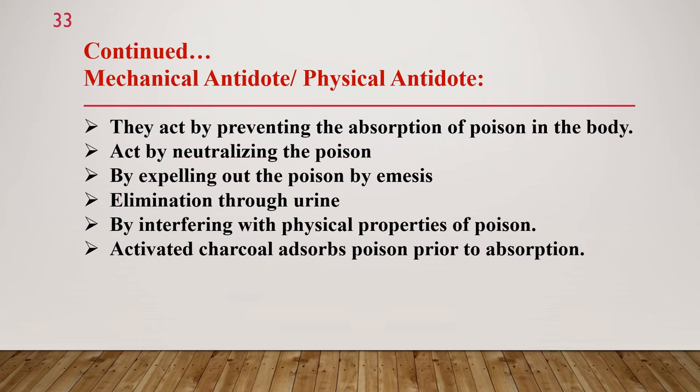Mechanical antidotes exert their effect by interfering with the physical properties of the poison. An example of a mechanical antidote is activated charcoal, which works by adsorbing poison prior to its absorption in the body.